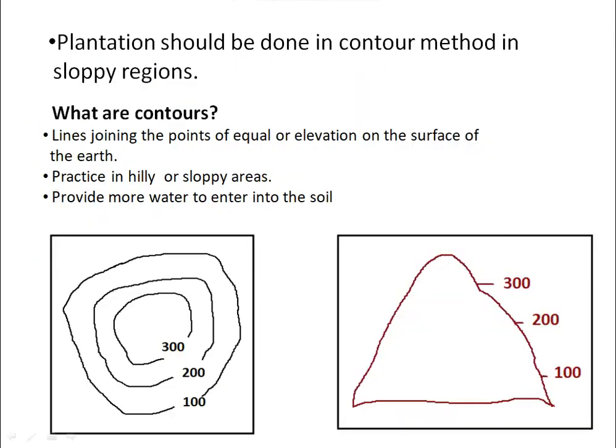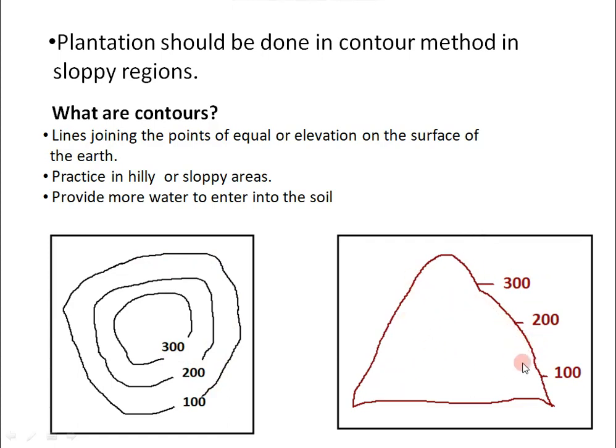Next, plantation should be done in the contour method in sloping regions. So what are contours? Contours are lines joining the points of equal elevation on the surface of the earth. Here this line is showing 100-meter elevation, 200-meter and 300-meter. Here also we can see this is a mountain.